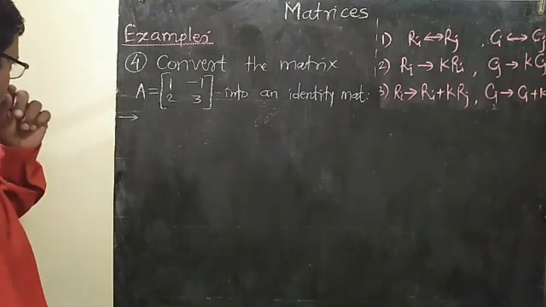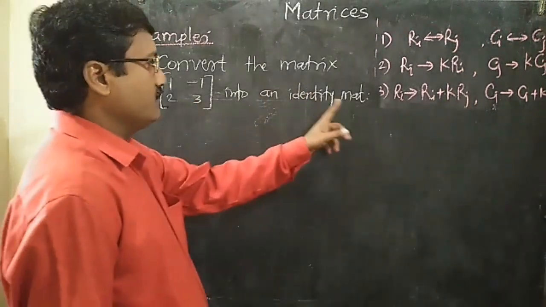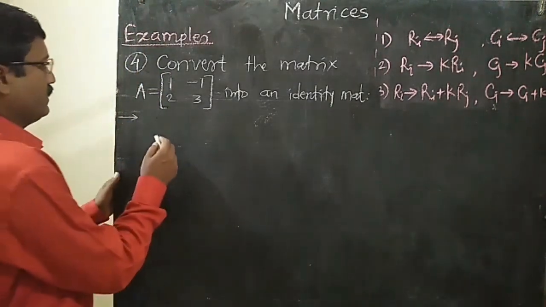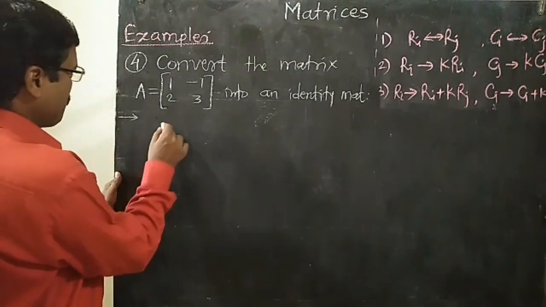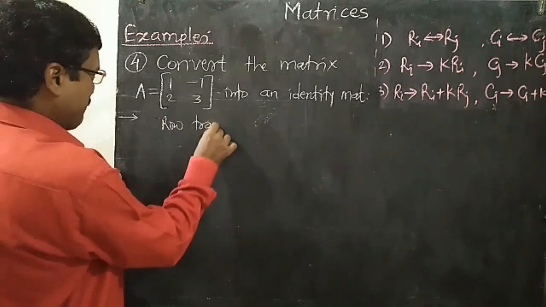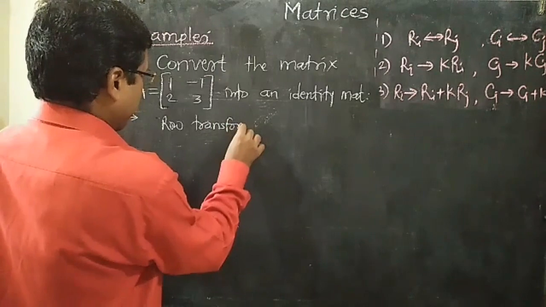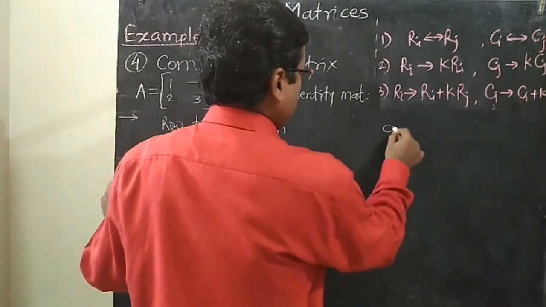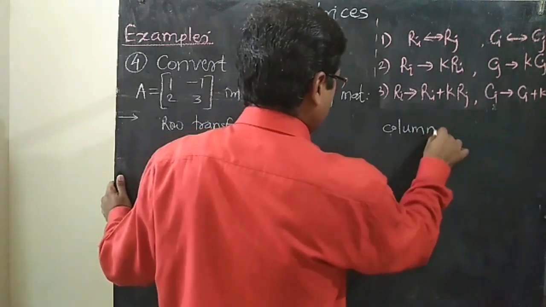We can convert this matrix A into an identity matrix by two ways. First is by operating the row transformations, and second, column transformations.